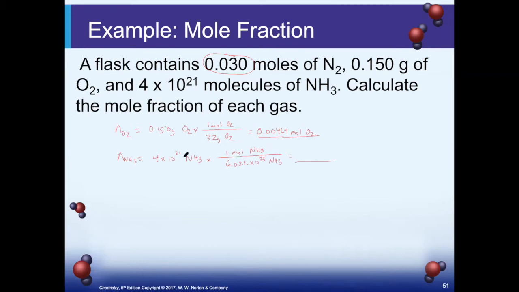Okay, so I can calculate that: 4 times 10 to the 21 divided by 6.022 times 10 to the 23rd equals 0.00664.